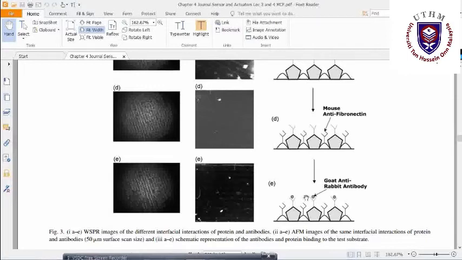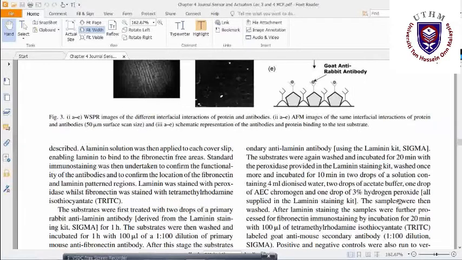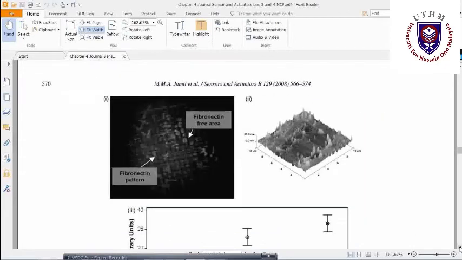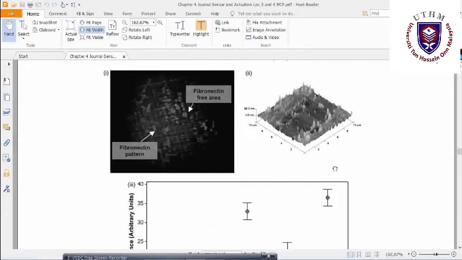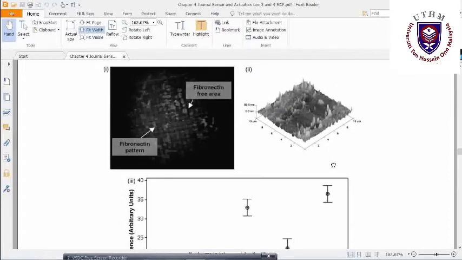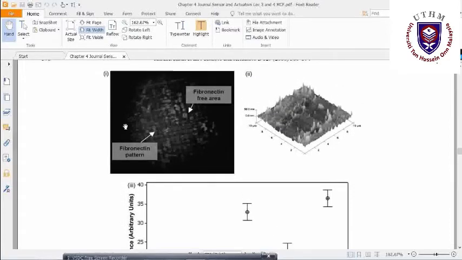When we amplify with the secondary antibody, it shows that the contrast increases again. Right, this shows agreement with the results that we obtained through graph measurement.